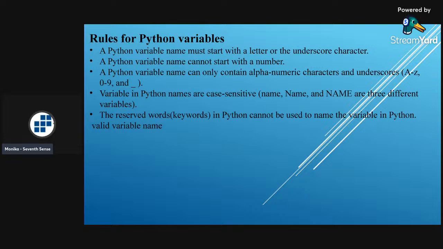The second one starts with uppercase, remaining characters are lowercase. And the third one is completely uppercase. So will it allocate in three different formats or in only one format? All are different variable names. Yes. Why? Because it is case sensitive.